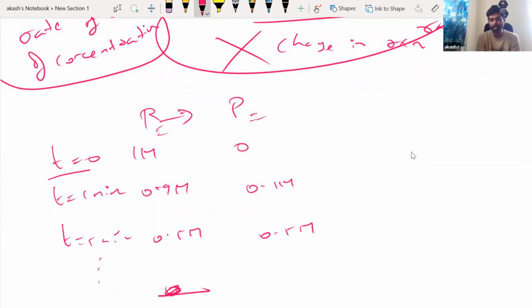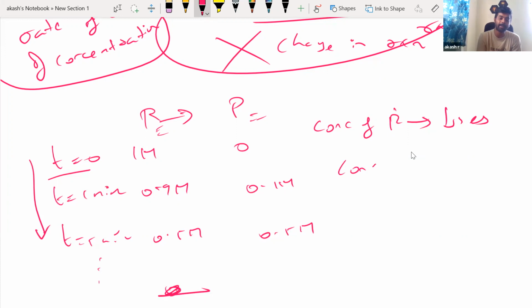Anyways, what you are seeing here is that as time progresses, the concentration of reactant decreases because more and more reactants are consumed. And obviously, as the time progresses, the concentration of product keeps on increasing because you see 1.1, 0.5, here it is 1.9, 0.5, like that, it keeps on happening.